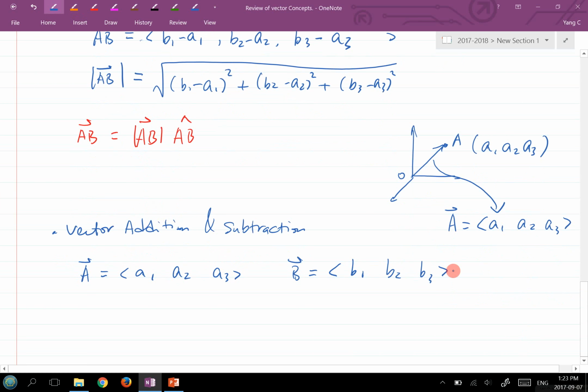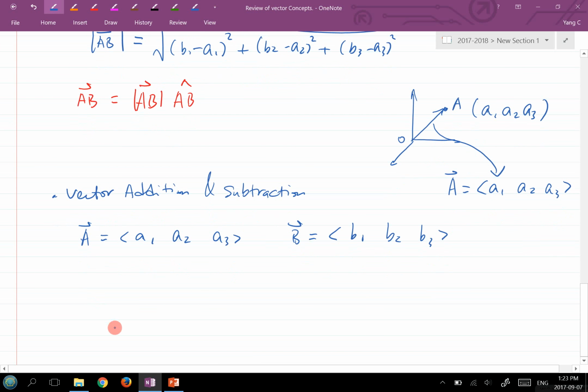If I have a vector A and a vector B, you probably will draw the two vectors like this. B may not necessarily be here, it may be somewhere else, but you can always align the initial point of B with the termination point of A. Then you draw another vector from the initial point of A to the end point of B. That will be the addition, A plus B.